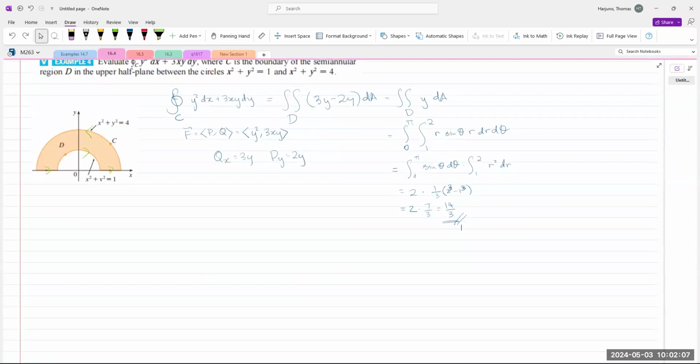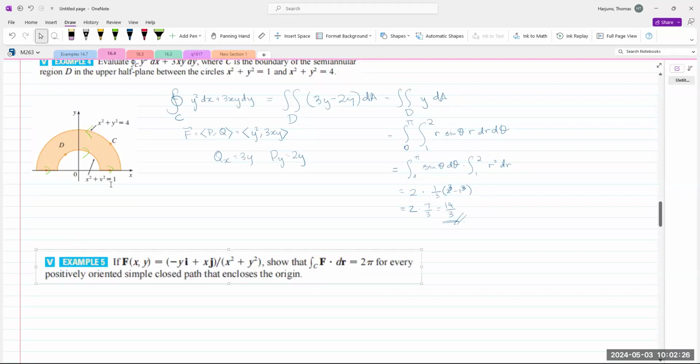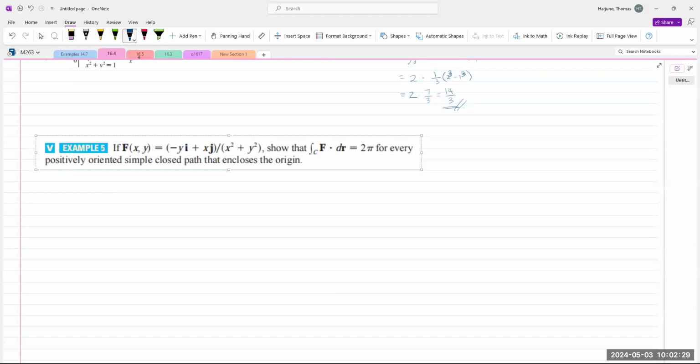Now, I would like to go over example 5 because I remember when I took the course in complex analysis, we happened to bump into one big theorem that has something to do with what we have in example 5 here. Okay, suppose we have a vector field F equals negative y over x squared plus y squared and x over x squared plus y squared.